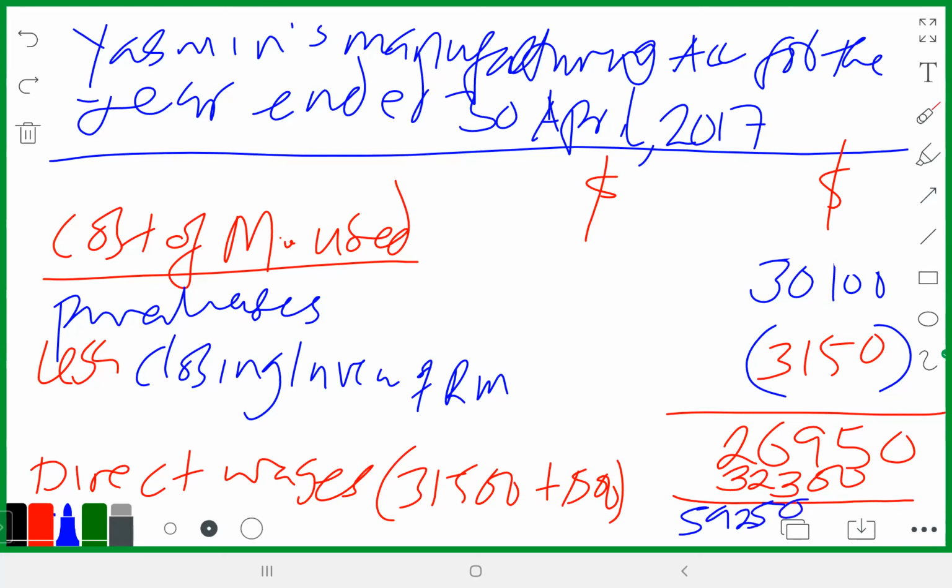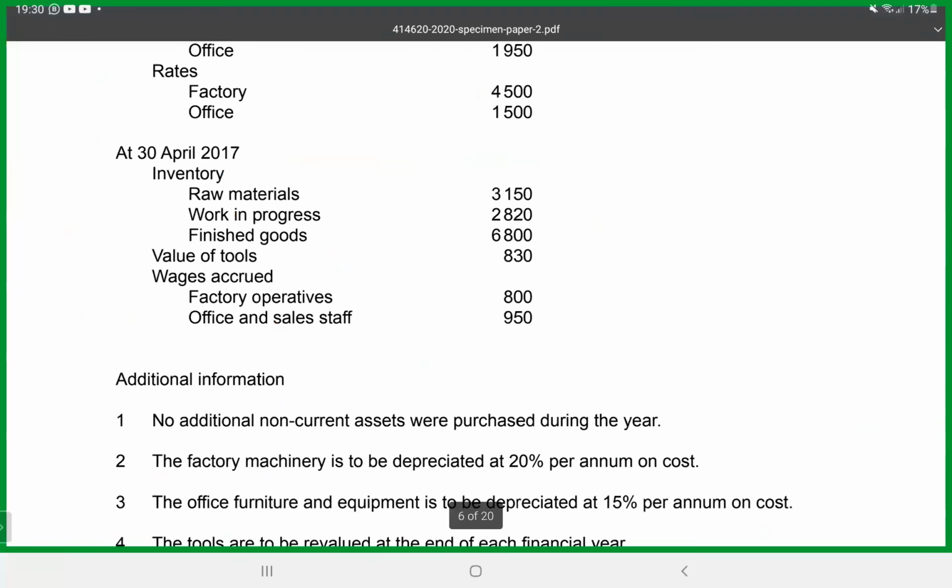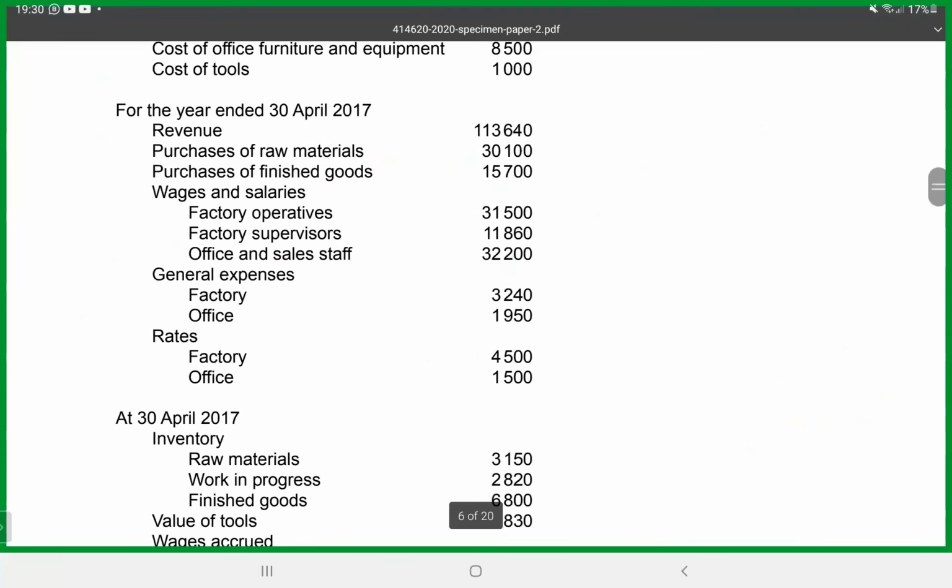This is called the prime cost. If we had the direct expenses in the question, we could have included them before totaling up everything, but we don't have the direct expenses. We just have the general expenses.